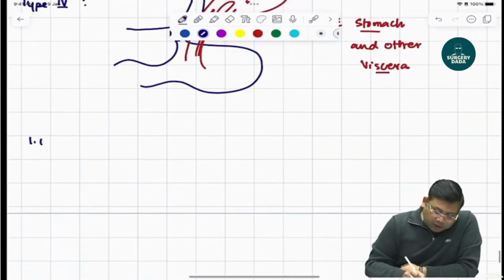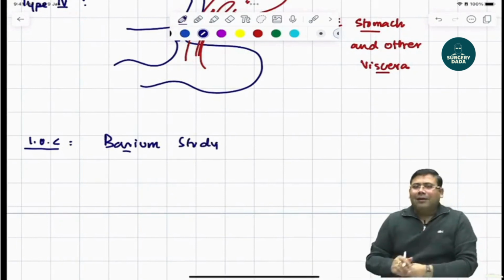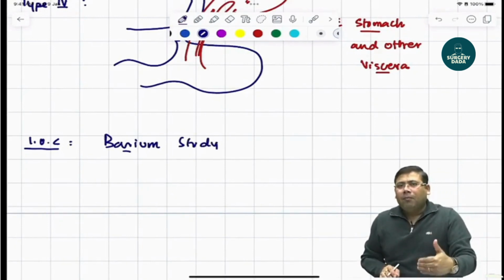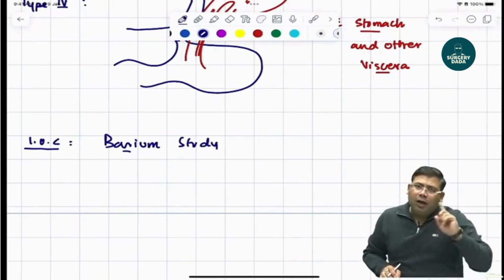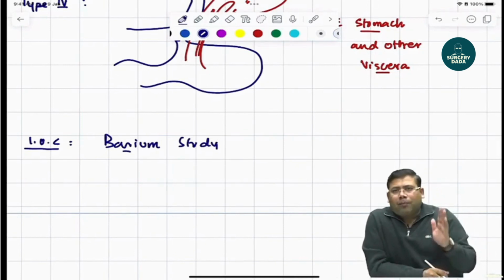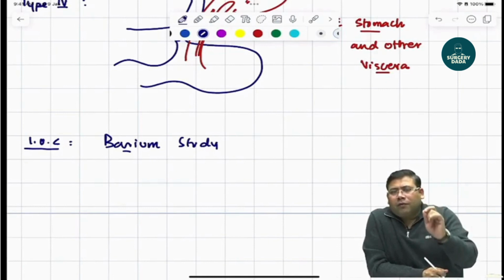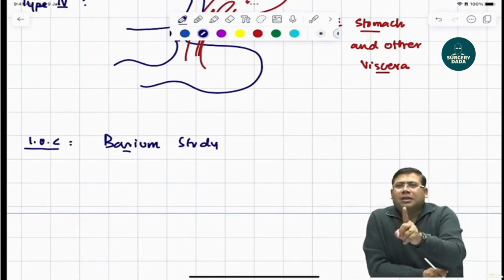When we talk about the investigation of choice, it is nothing but barium esophagogram or barium study. But do you know, the irony is that sliding hernia might be missed. So before ruling out sliding hernia, if you have a patient with a strong presentation of reflux and you think it's a sliding hernia, but barium is not telling, always understand that upper GI endoscopy with a retroflexion view is the standard of investigation, with angle of His being obtuse.